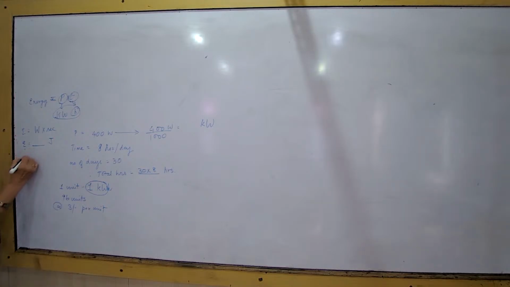So how much is it? 1100 watt. Seconds is 60 times 60. How much is that? How many zeros? 1, 2, 3, 4.